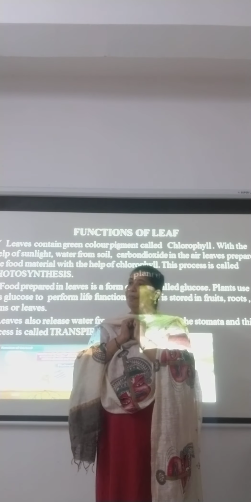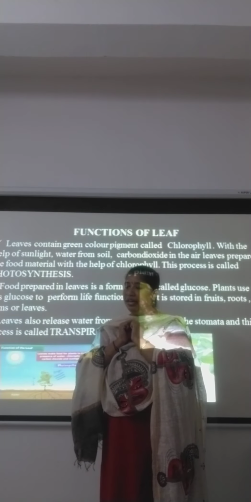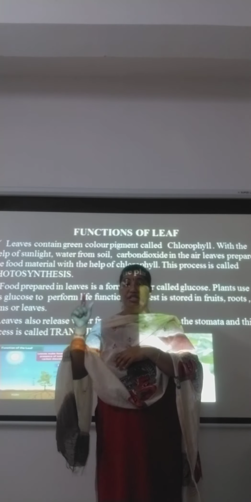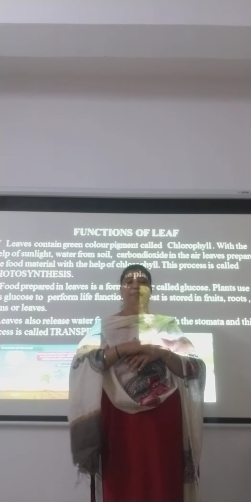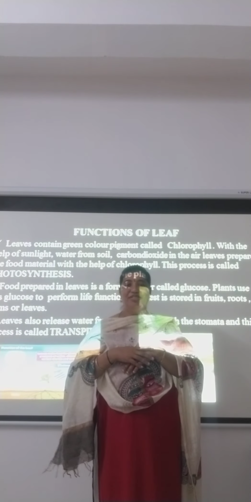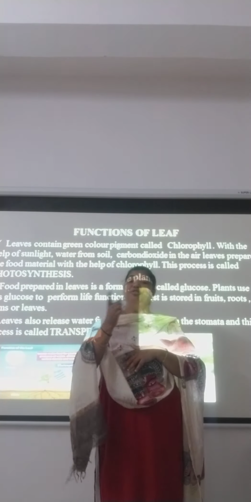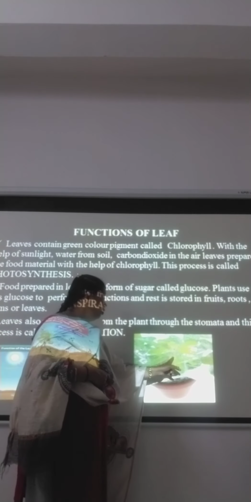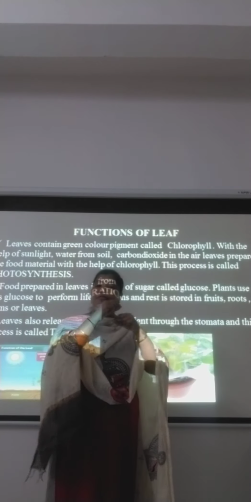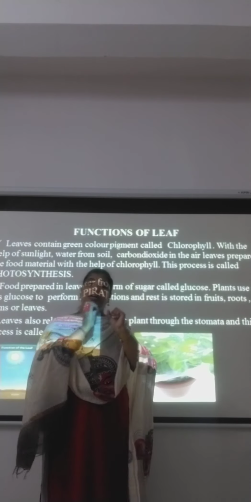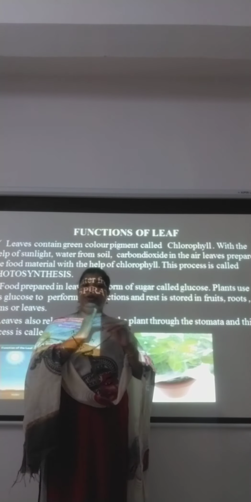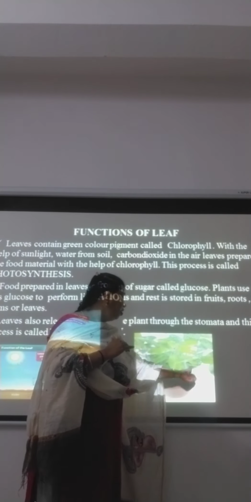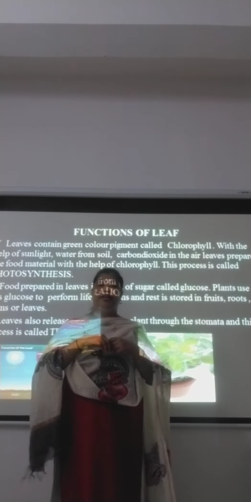If I sit before a plant and look at it, when the plant gives out excess water, even if you sit from morning till night, it is not possible for you to see. Is it possible? No. So to check that, if you have a small potted plant, tie one polythene bag to one branch. You leave it. After a few days, you can see tiny droplets of water inside the polythene bag.